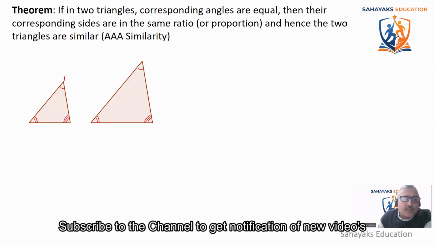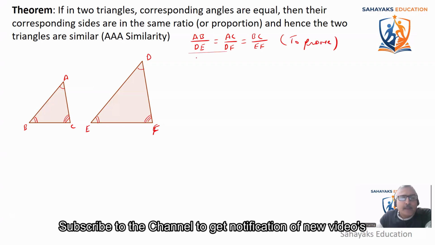So if I put some nomenclature here, ABC, DEF, we have to prove that AB by DE is equal to AC by DF is equal to BC by EF. This is what we have to prove.